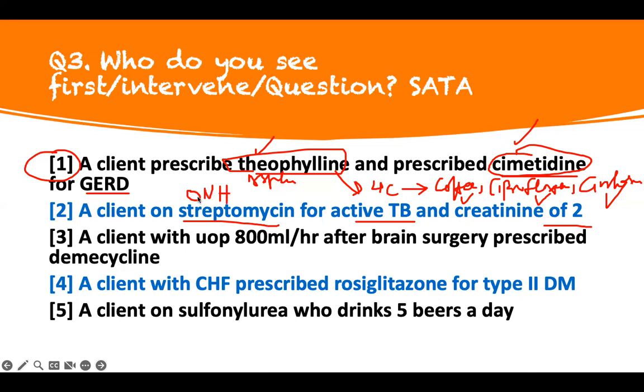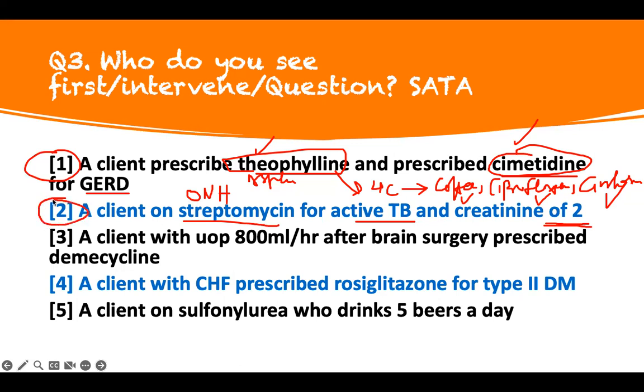So all the 3: ototoxicity, hearing; nephrotoxicity; hepatotoxicity. This is a problem when a patient is taking this medication with a creatinine of 2. Nephrotoxicity is a problem. So your kidney function will worsen and become more toxic.